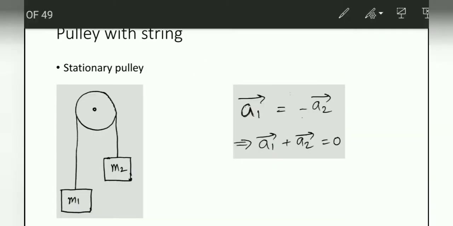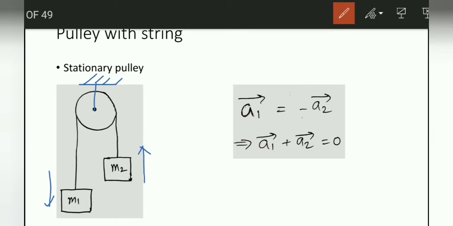Okay. Now we have a stationary pulley, that means this pulley is fixed, say on the ceiling, and we have a mass m1 and m2. Now if this mass m1 is moving downward, in which direction will the mass m2 move?